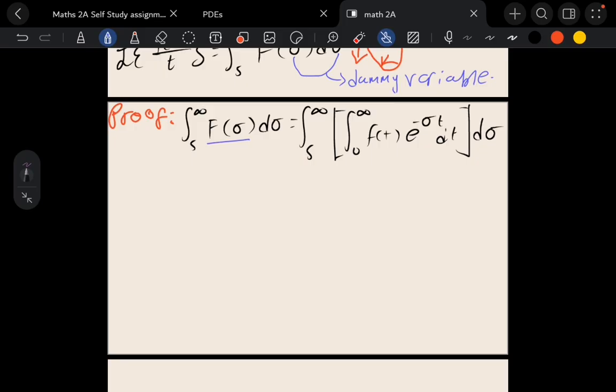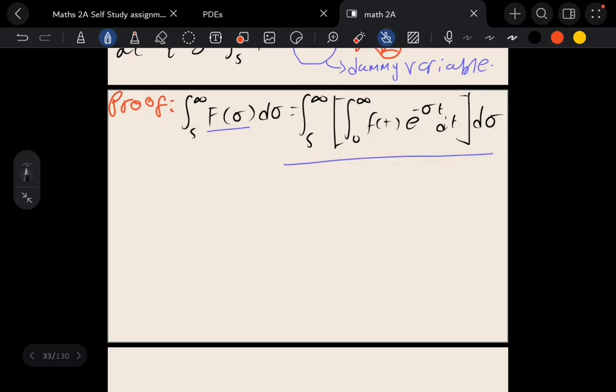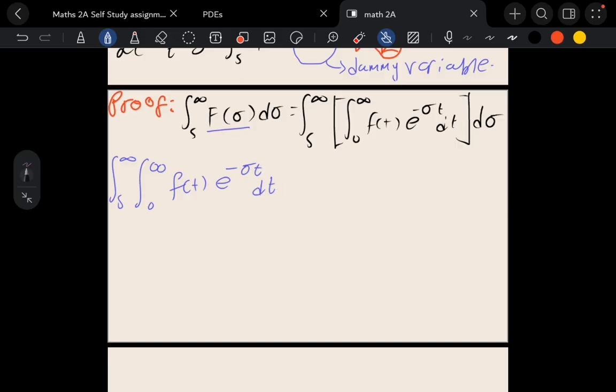A double integral is an integral of this format. So if you are writing it in a proper format, I'm going to have an integral from s to infinity, integral from 0 to infinity of f of t e to the power negative sigma t dt d sigma.